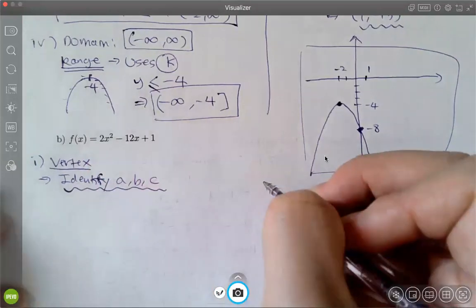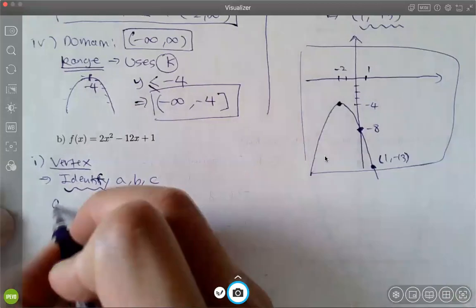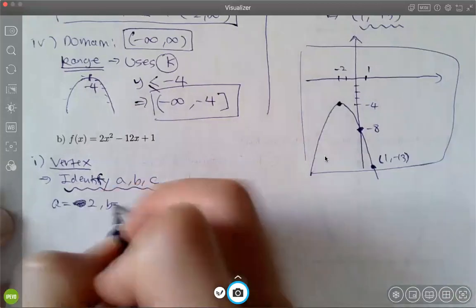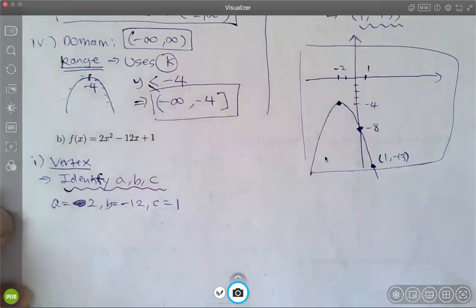Okay, so now here, what is A? A is positive 2, and B is negative 12, and C is 1, right? Okay, and now, do you still remember the formula for finding the vertex?